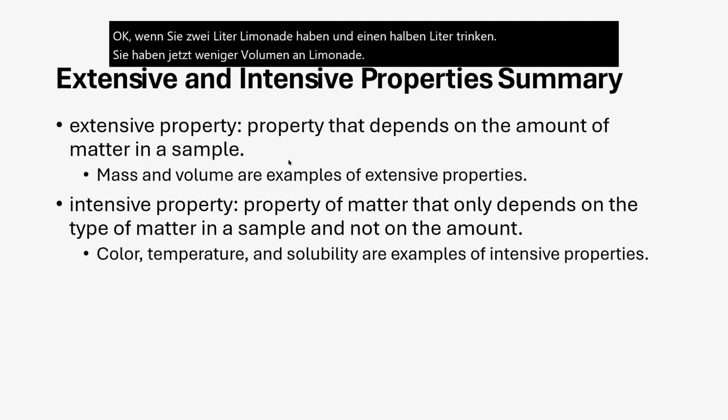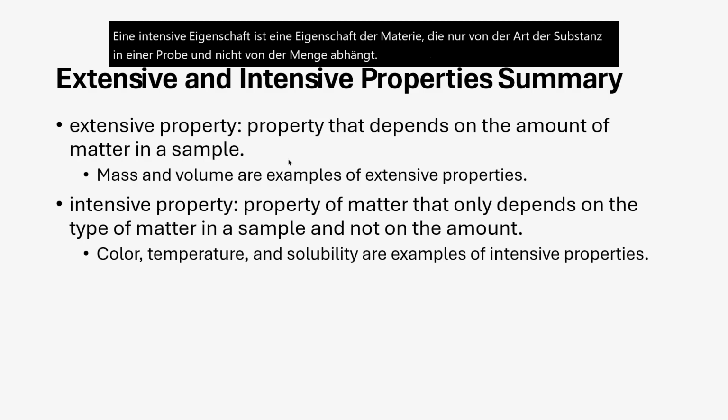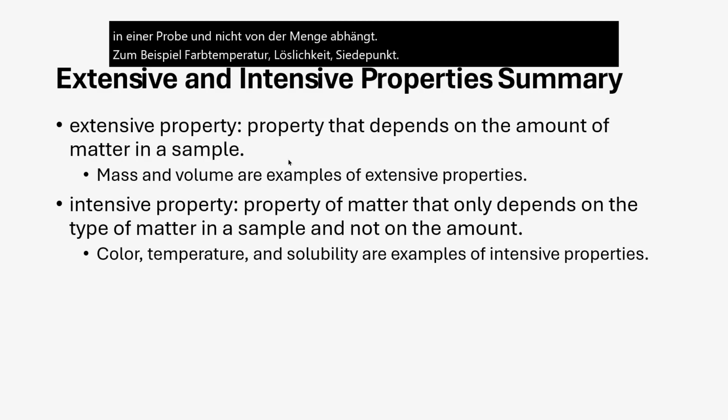An intensive property is a property of matter that only depends on the type of matter in a sample and not on the amount. For example, color, temperature, solubility, boiling point, melting point. All of these do not depend on how much you have.